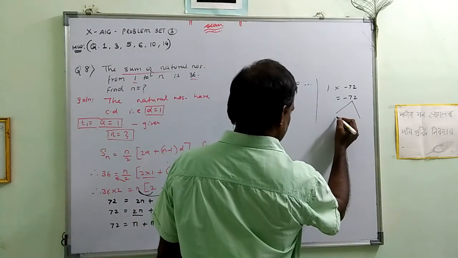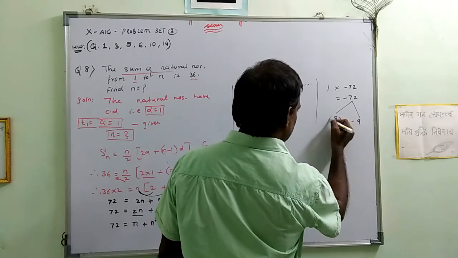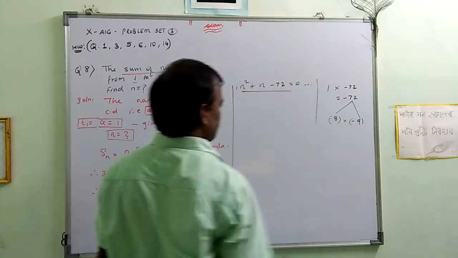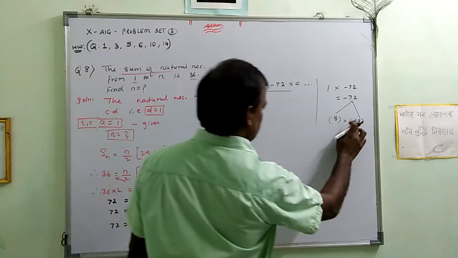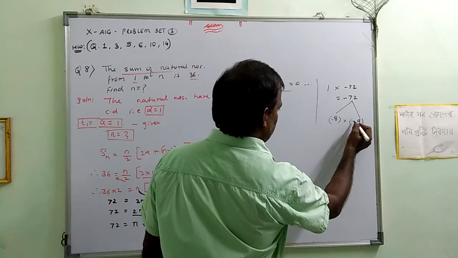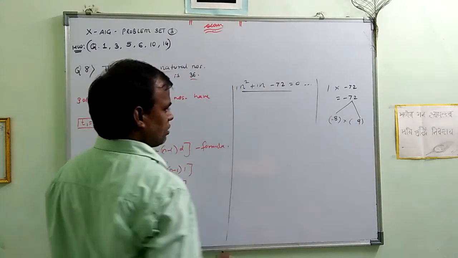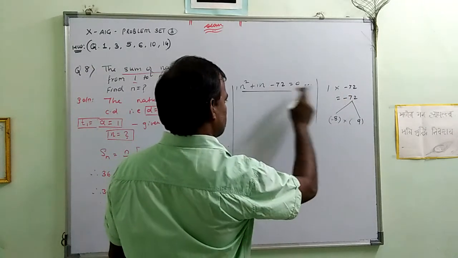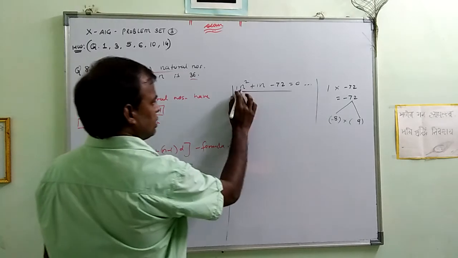9 8s are 72. 8 into minus 9 will be minus 72. And minus 8 plus 9 will be 1n. So the multiplication gives us this and the sum gives us this.